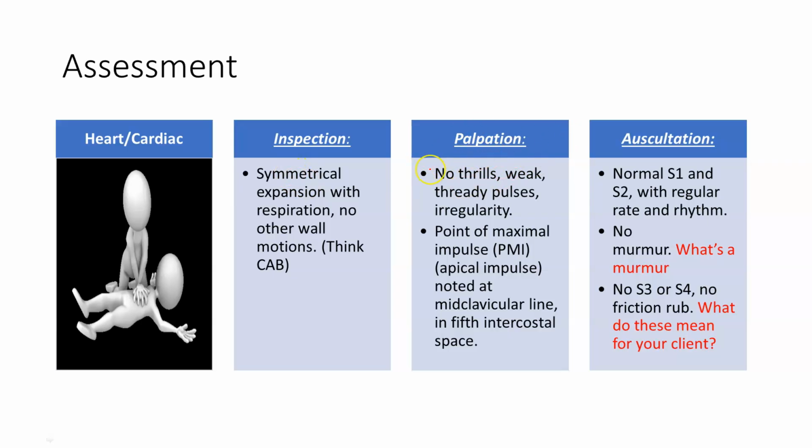That we're doing our assessments, there's no thrills, no weak and thready pulses, no irregularity, that you're listening to the heart sound at the PMI, you're getting your apical heart rates, and then we hear normal S1 and S2 without murmur. Even if they have a murmur, it's probably not a big deal initially, as long as we control it.